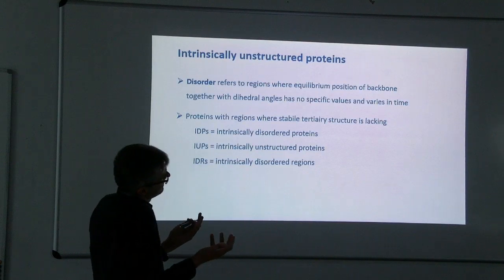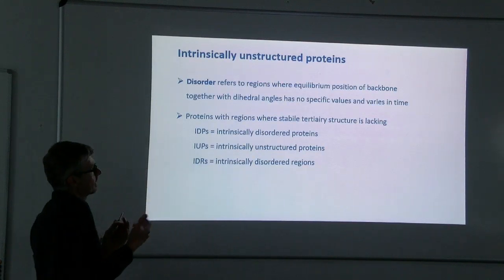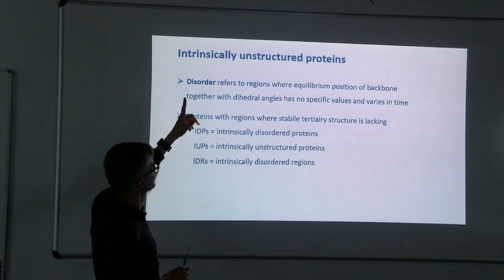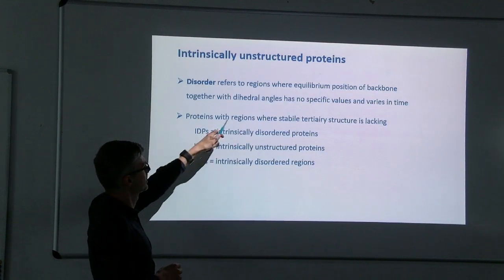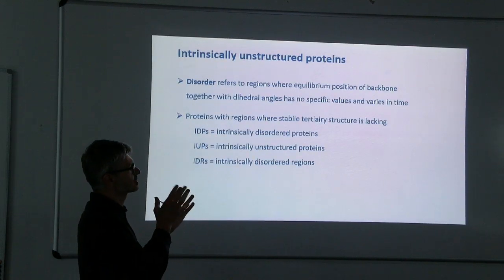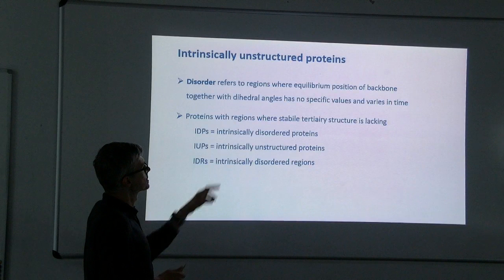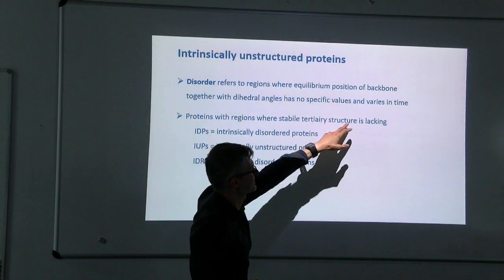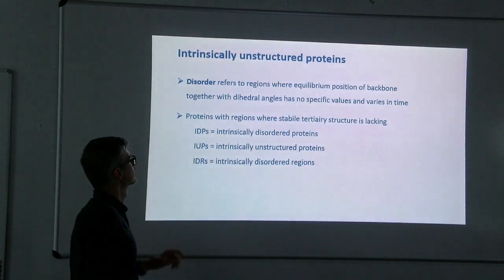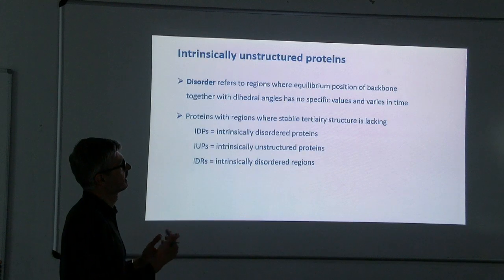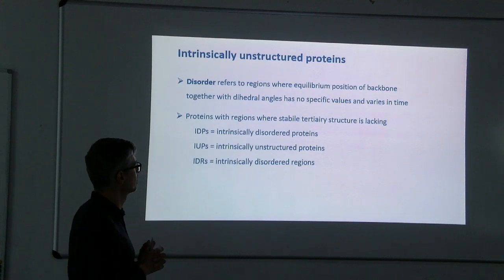So that's why they are unstructured, they are flexible, not always at the same position. These unstructured proteins are proteins where it can be the entire protein, but in most cases it's just part of it, so it contains regions where stable tertiary structure is lacking. And you have proteins of 20% to 80%, so it depends on the protein.